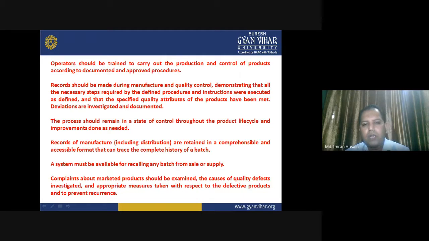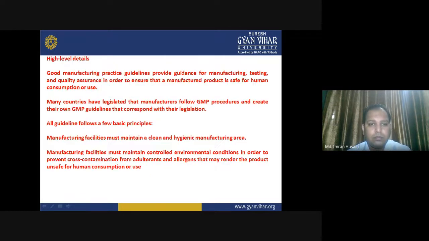Complaints about marketed products should be examined and causes of quality defects investigated, and appropriate measures taken with respect to defective products and to prevent recurrence. Attention to the high level details is very important.